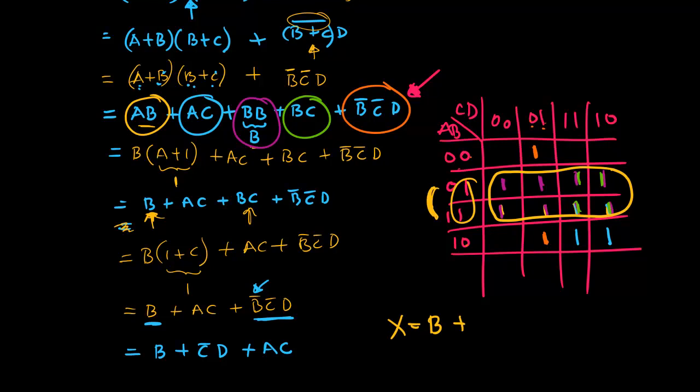Okay, now the next biggest thing I can circle is a grouping of 4. So I'm going to circle this group of 4 here. Okay, and I'm trying to make the biggest grouping I can, but it can only be in groups of 2, 4, 8, 16. So this grouping, I can see that A stays the same and C stays the same.